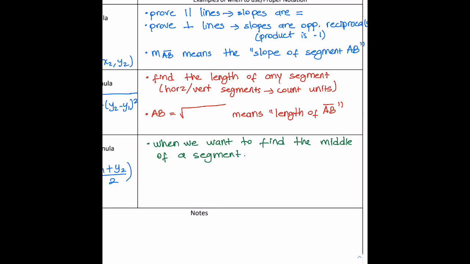Please don't forget, midpoint is always an ordered pair. We can use a notation M for the midpoint and then the ordered pair as X and Y.